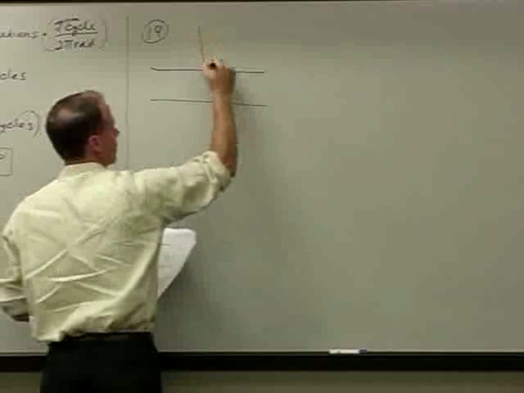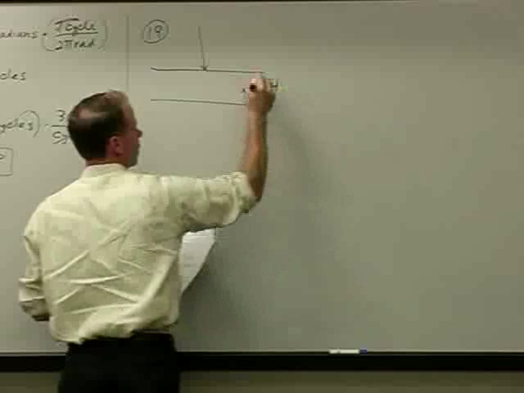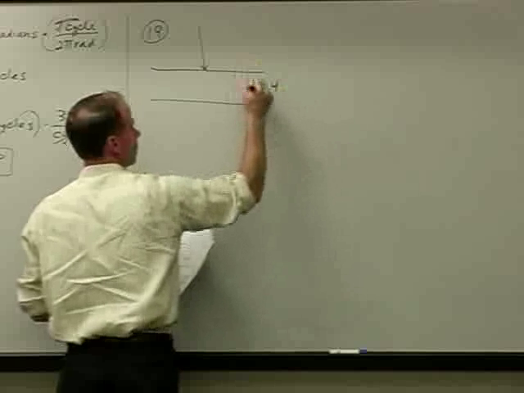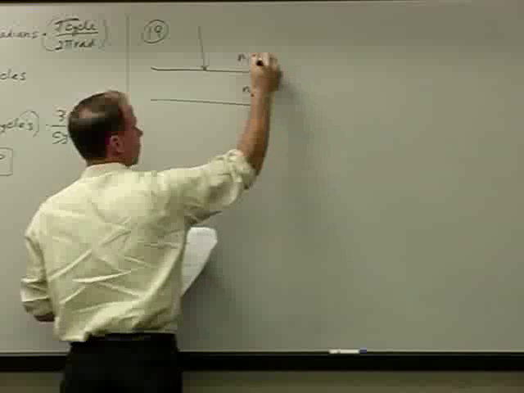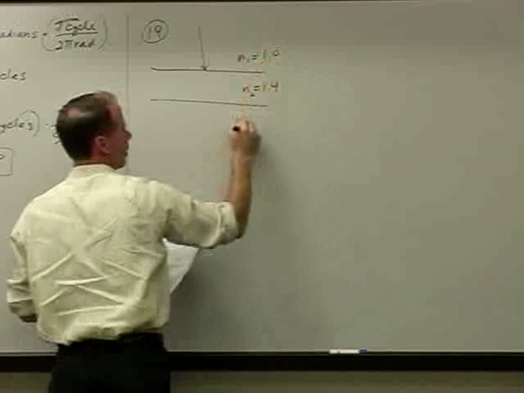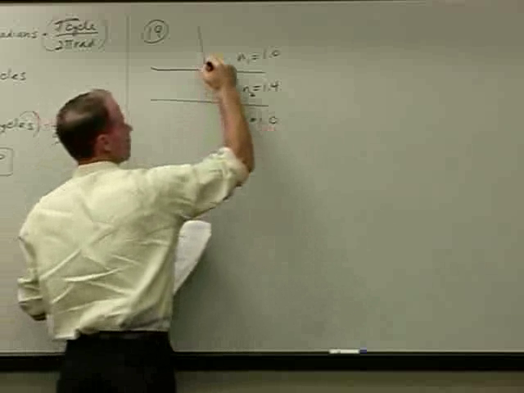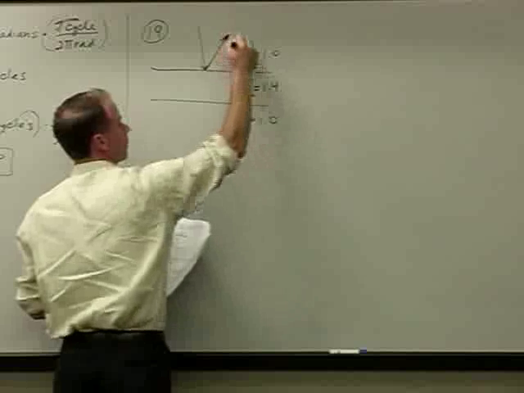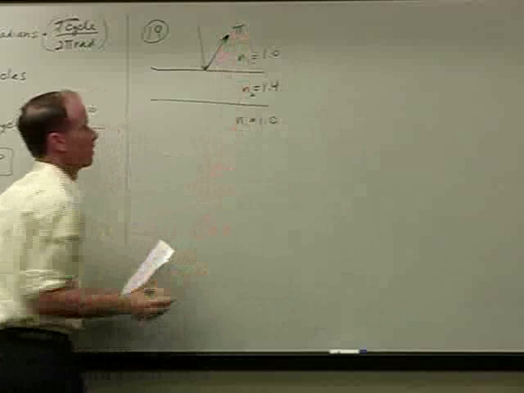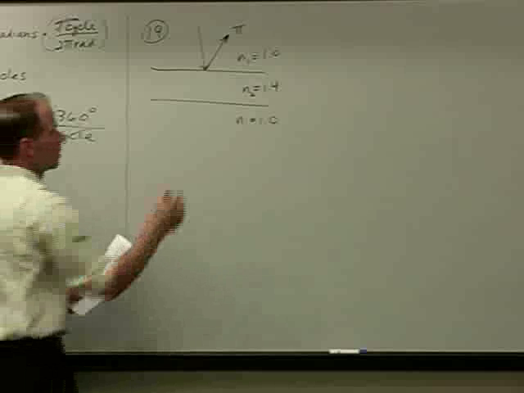So we have light coming in on a soap bubble, index 1.4. And we're going from air to bubble to air. So on the first reflection, we're going to have a pi reversal.